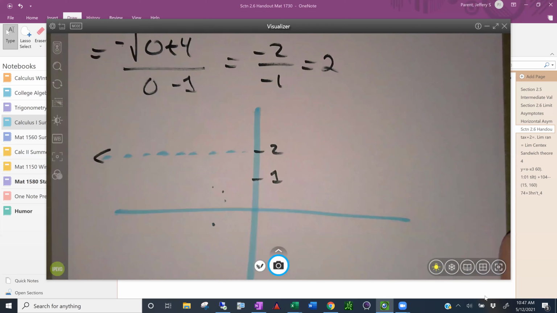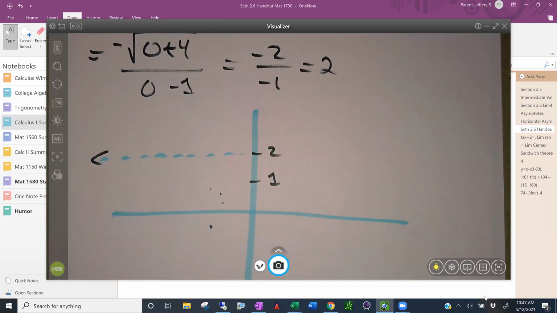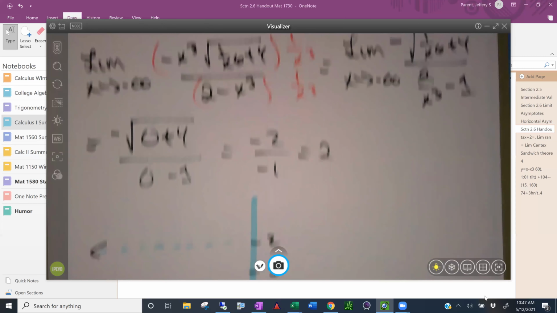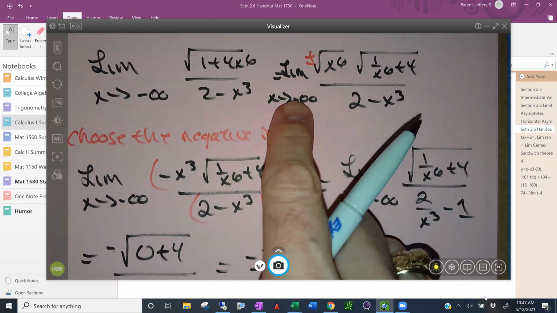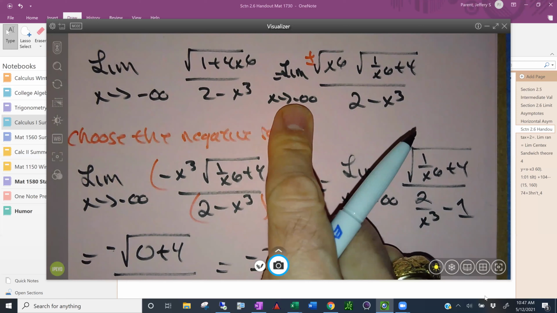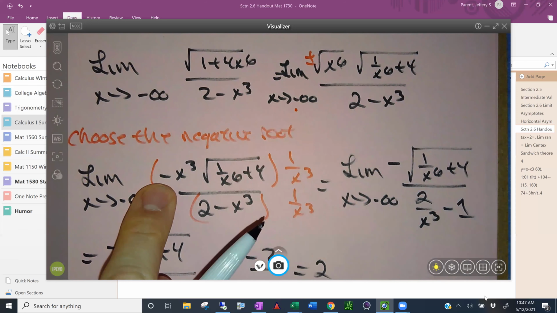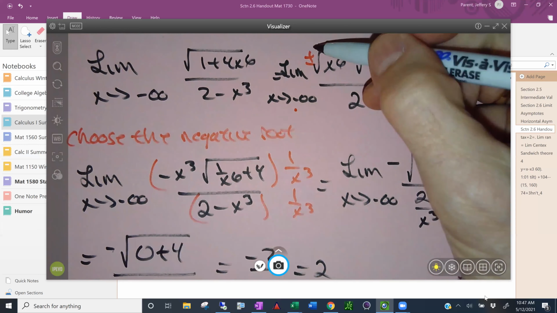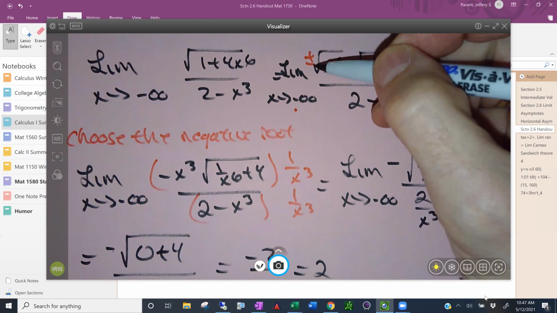But how would this change if I went towards positive infinity? Well, the only difference is that this would be a positive x cubed instead of a negative x cubed. I would have taken the positive root here instead of the negative root.